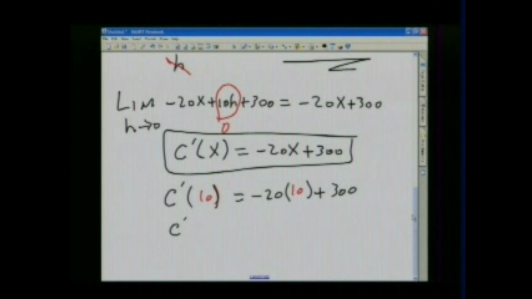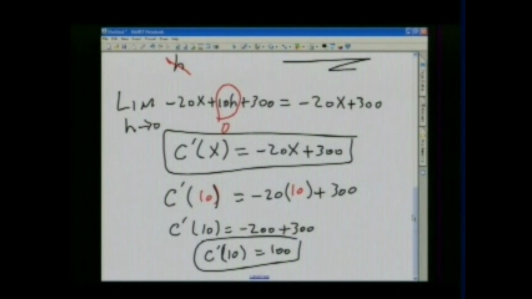So C prime of 10 would be equal to minus 200 plus 300, so C prime of 10 is equal to 100. These are costs, by the way, so that's $100 per surfboard. That's what that number is.